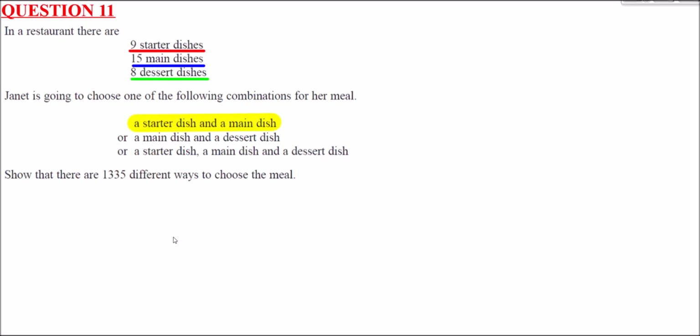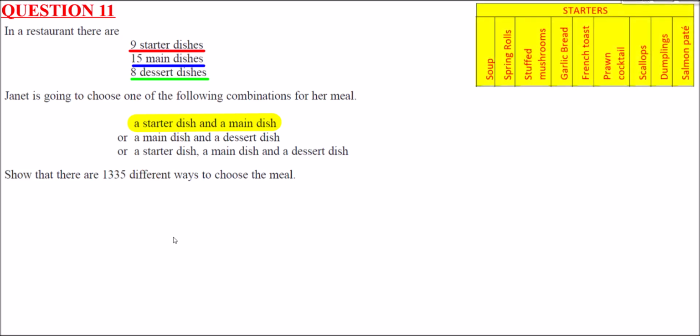What if she chose a starter and a main dish? So first of all, she'll have to choose a starter, and we can see here there's 9 choices for her to make. So these might be the choices. Again, I've made these up, don't judge me. Soup, spring rolls, stuffed mushrooms, etc. The main thing is there's 9 choices. But for each choice for a starter, she then has 15 other choices for the main.